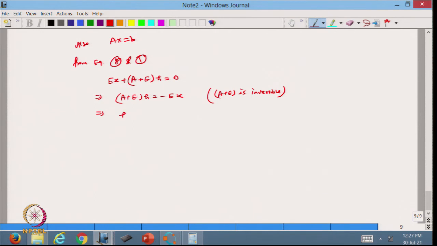So I can write H as (A plus E) inverse times minus EX. Now I take A common from here, so I can write it as minus (I plus A inverse E) inverse times A inverse EX. This is equal to H.